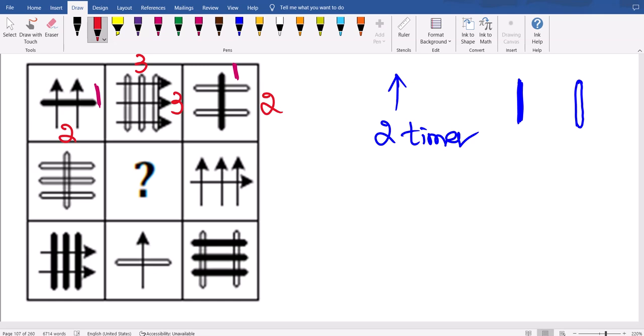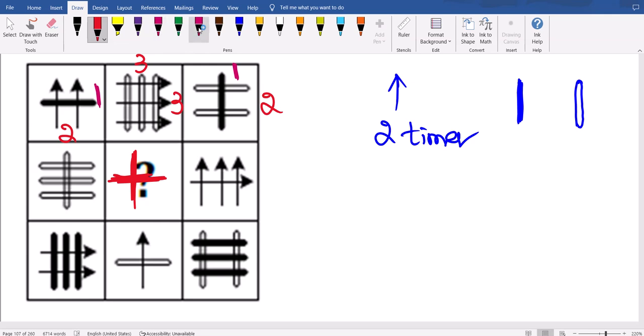Now focus on the middle row. Pipe model 2 times occurred. Arrow model 2 times occurred. What is pending? Shaded one. So I need shaded one here. But how many times will decide. 1 came, 1 came, 3 came, 3 came.